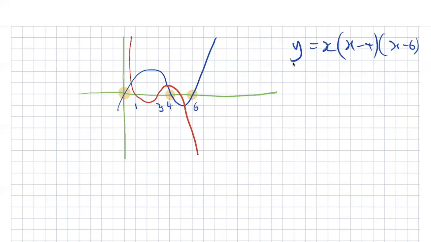So as we move from left to right, you can see that the curve tends in a positive direction. So therefore, if I expand the whole thing out, I should get a positive x cubed. And we do, because x times x times x gives me positive x cubed.